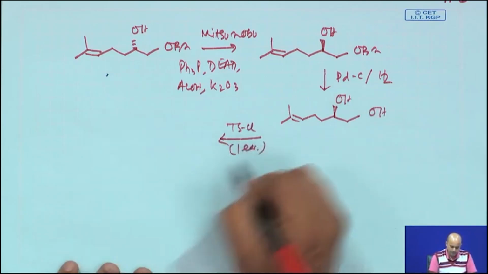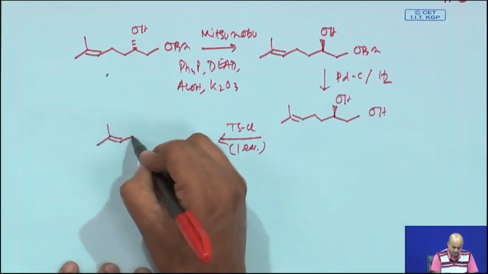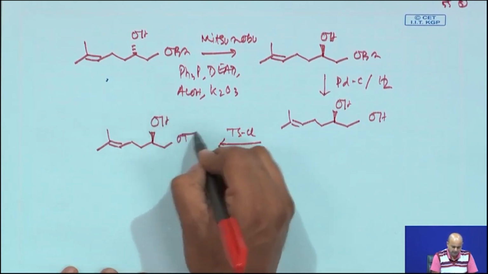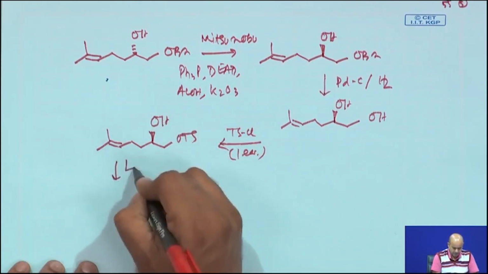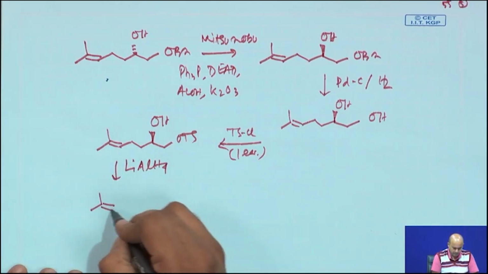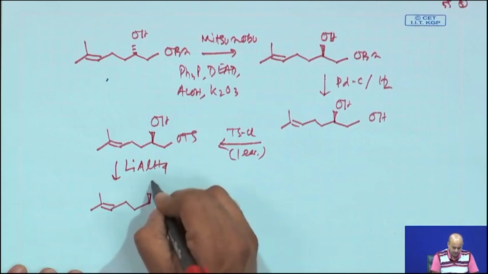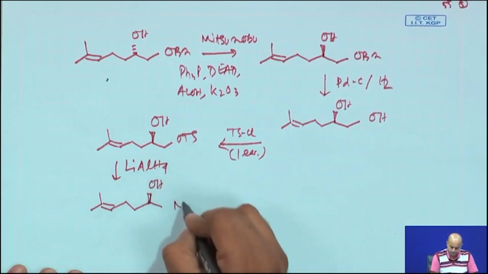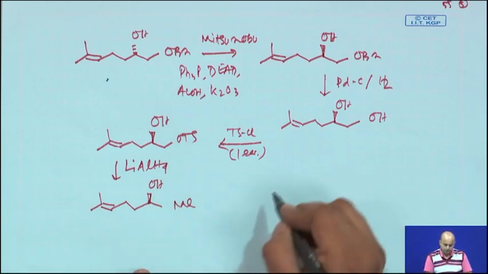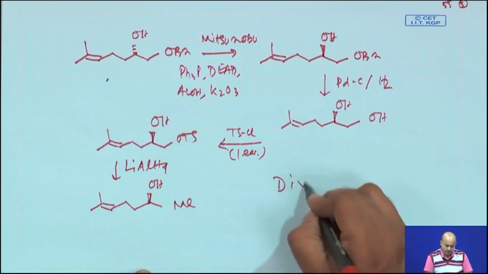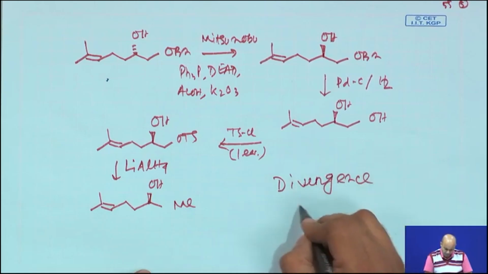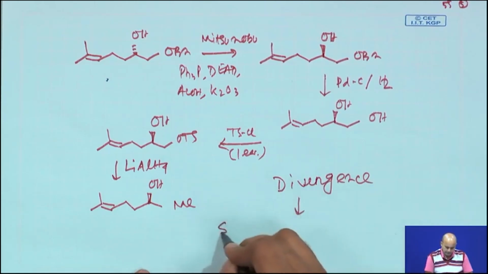The primary alcohol is reacted, and then you simply react with lithium aluminum hydride, and this will complete the synthesis. So, the other enantiomer of salactol can also be made. So, the divergence can be easily created from the same starting material.